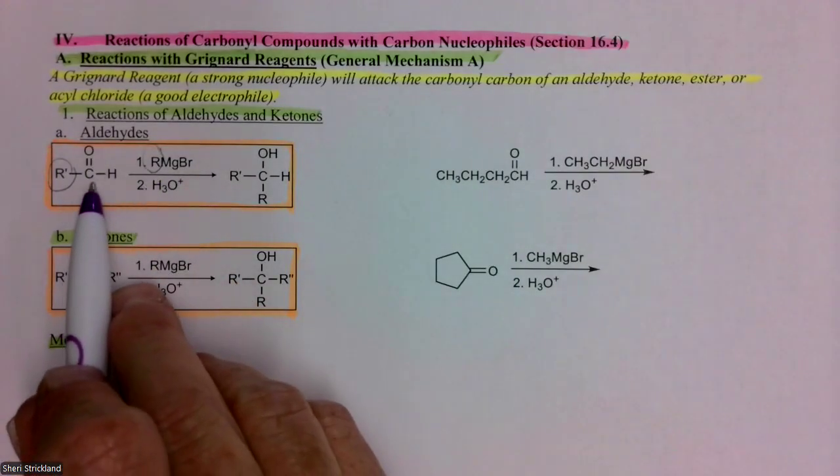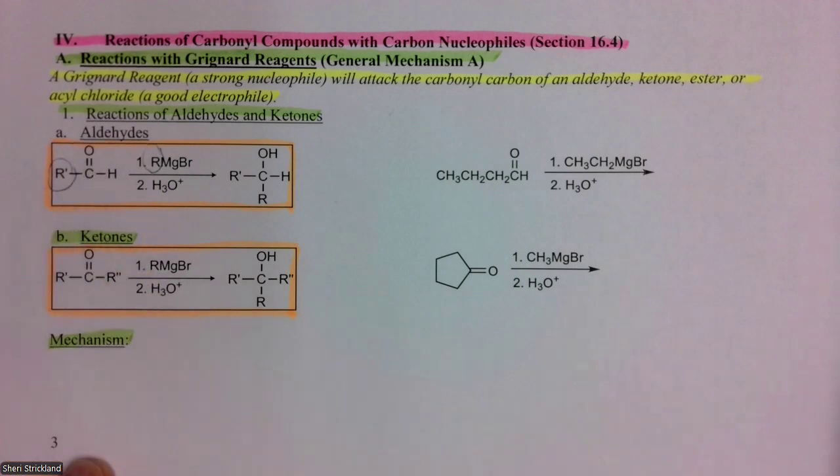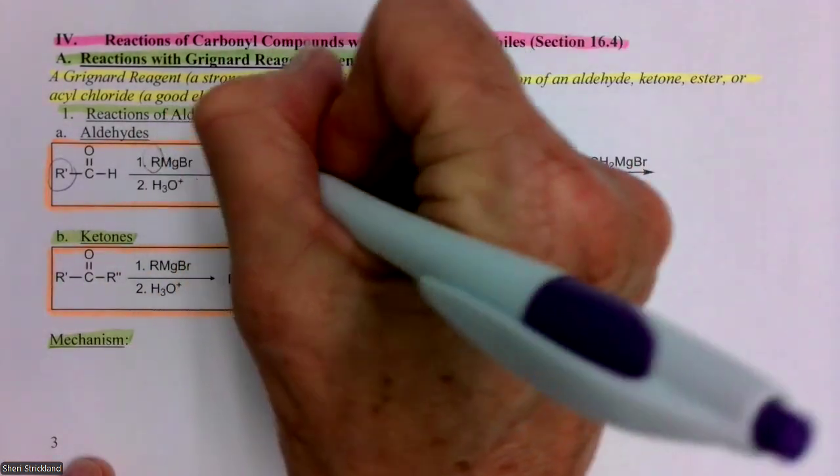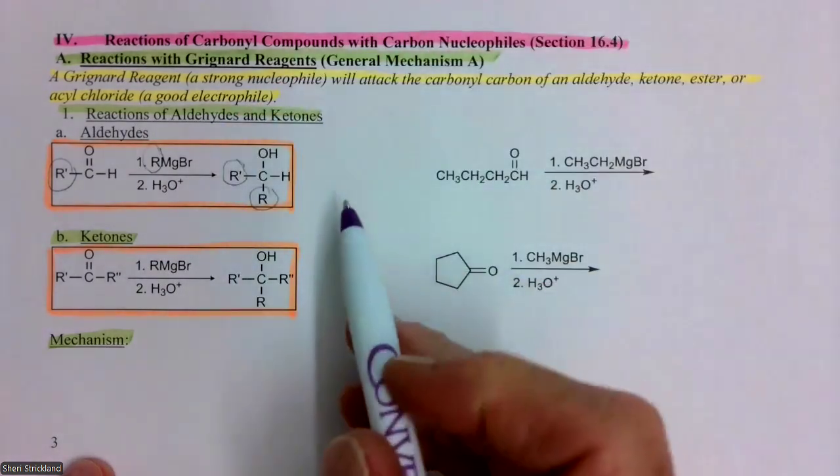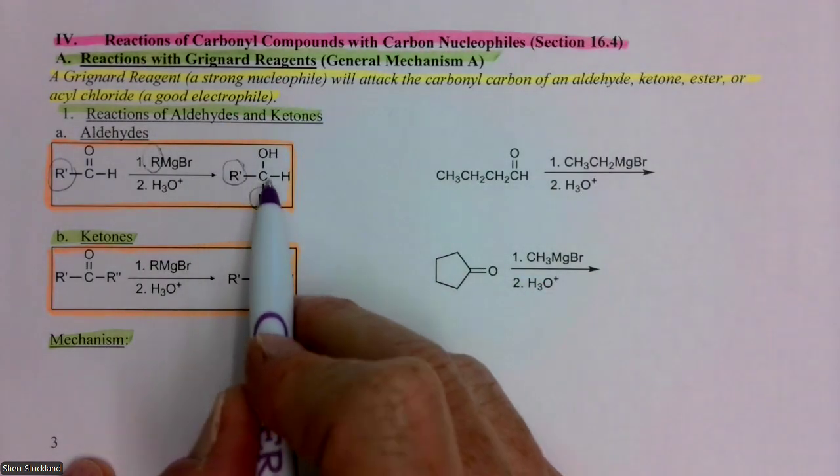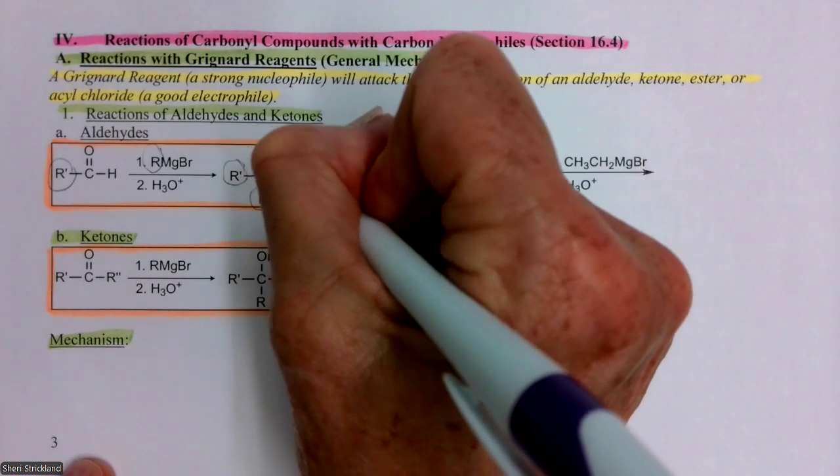One Grignard adds to one molecule of an aldehyde, and you get both of these guys in there. And so we have formed a secondary alcohol.